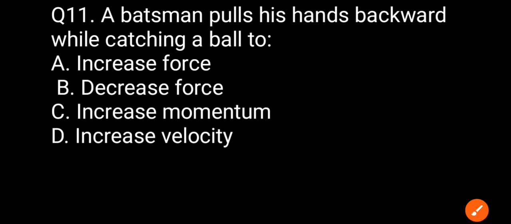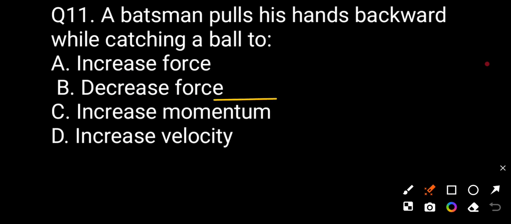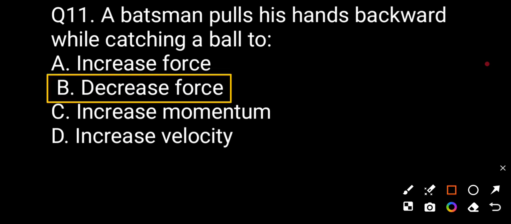Now question number 11. A batsman pulls his hand backward while catching a ball to: increase force, decrease force, increase momentum, increase velocity. Option B is correct, decrease the force.